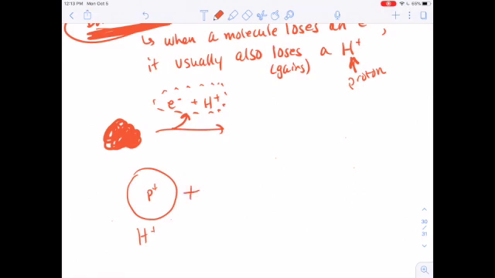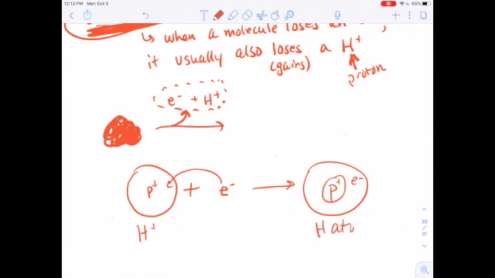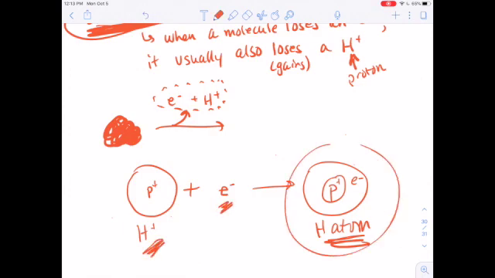What happens to this little hydrogen ion when we give it back its electron? It becomes a hydrogen atom, doesn't it? When we get the proton back together with its electron, it makes a hydrogen atom.